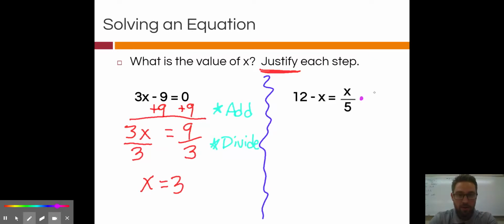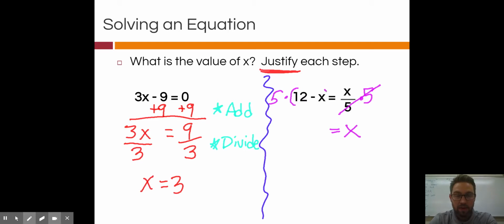In order to do that, we have to multiply by that denominator to get everything out of it. So then on the right-hand side, that cancels out the denominator, so we just have x on the right-hand side. But if we are multiplying everything on the left-hand side by 5 as well, we need to distribute that.